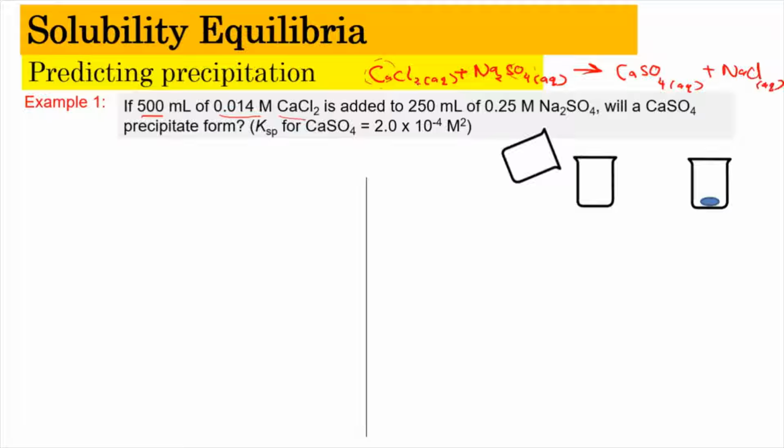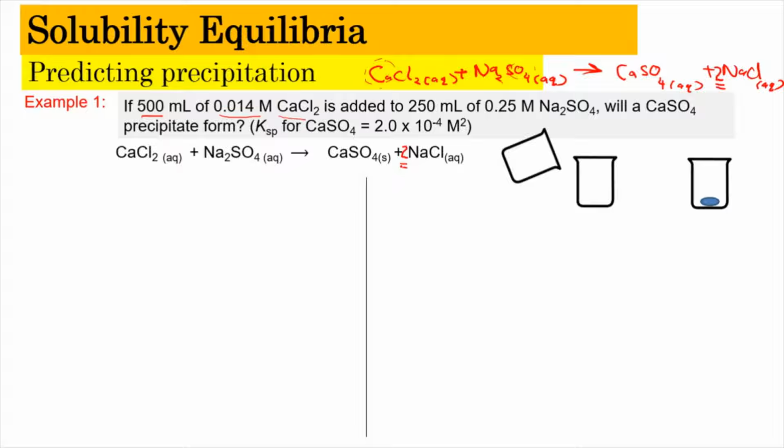And since they have 2 Cl and 2 Na, so we're going to put the 2 here in order to balance the equation. So for this reaction where CaCl2 and Na2SO4 react together, we're going to get this equation here. And we're going to put the balancing of 2 up here.